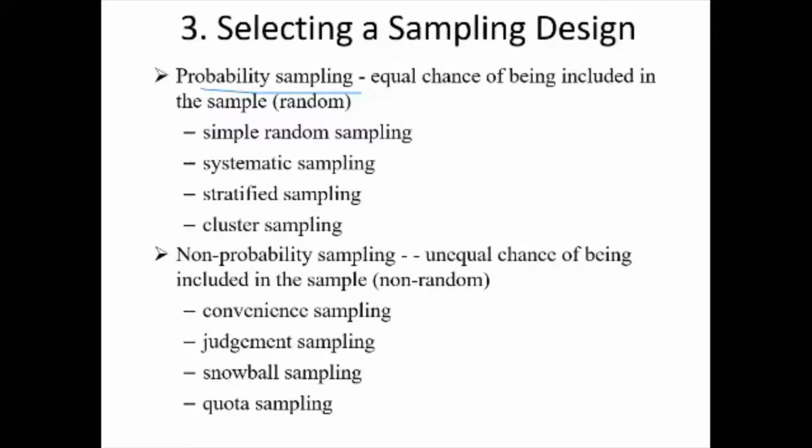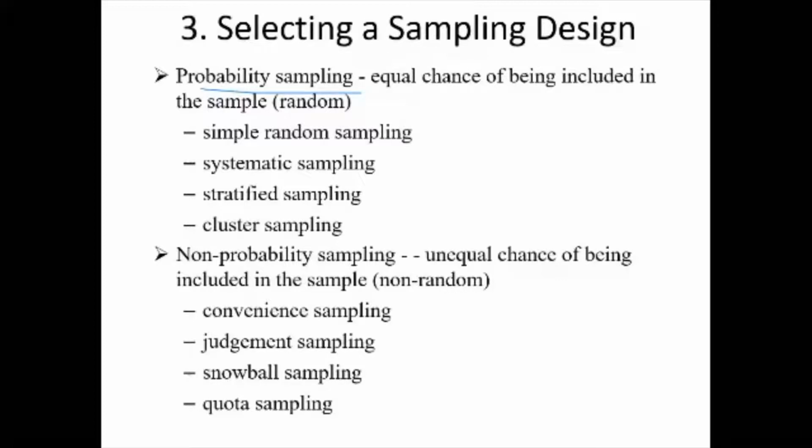That means every 3,000 students should get an equal chance of being selected in the sample. If I select samples only from commerce or management students, that is called non-probability sampling, because in this selection technique, the students from science and humanities departments do not get a chance of being selected in the sample.